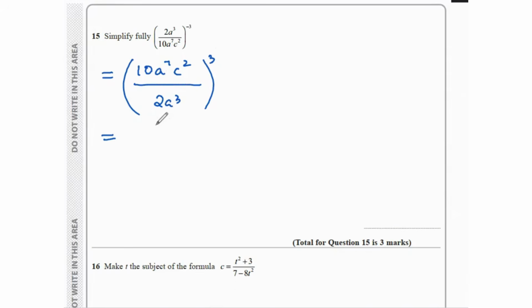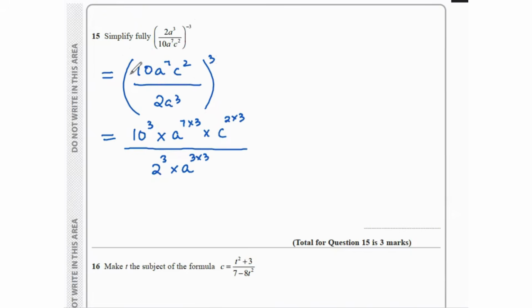Then whenever we have a power outside the bracket and inside the bracket, we multiply the powers, and the power also gets distributed on the coefficient. So it's going to be 10 cubed times a to the power of 7 times 3 times c to the power of 2 times 3, divided by 2 to the power of 3 times a to the power of 3 times 3.